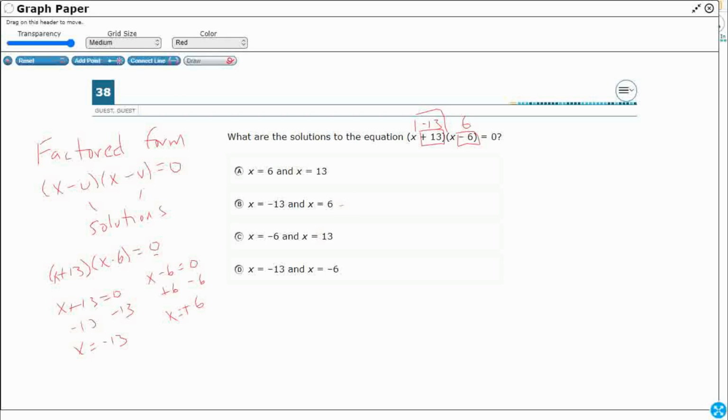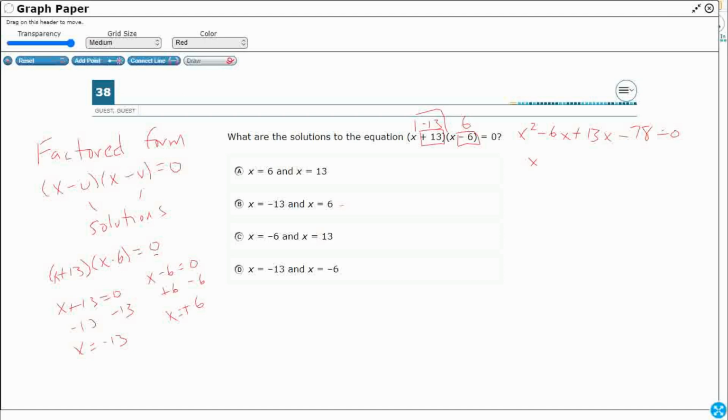Let's double check. What we would need to do is go ahead and multiply this out, so we'd FOIL this out. So this would be x squared minus 6x plus 13x minus 13 times 6, that's 78, minus 78.